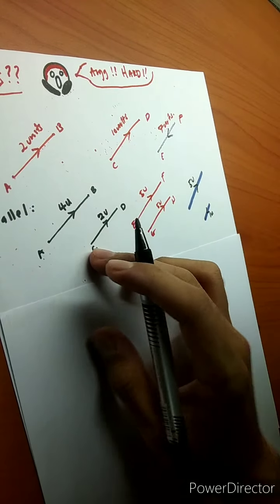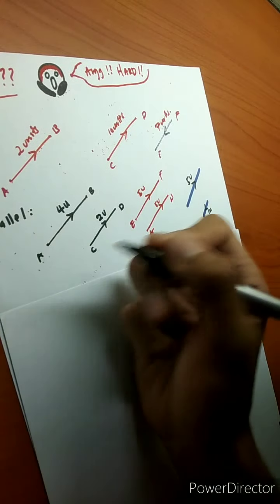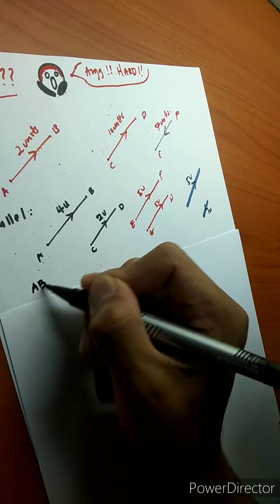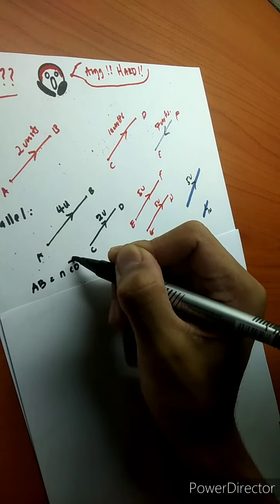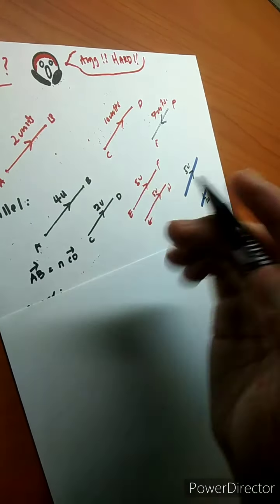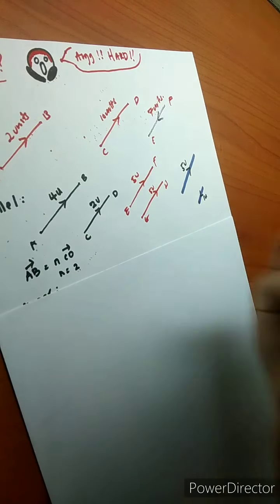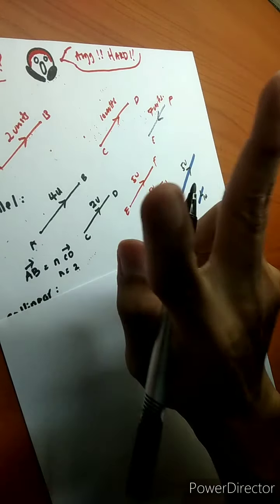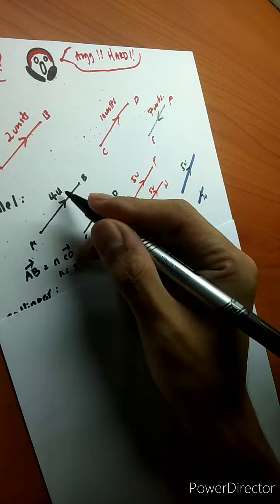Actually, parallel can be represented using a scalar multiple. If AB is parallel to CD, then vector AB equals n times vector CD. Vectors must have this arrowhead, remember? Obviously n is 2, because vector AB is 2 times bigger than vector CD: 2 times 2 is 4 units.